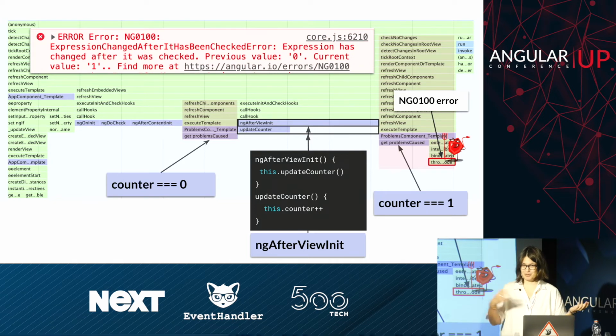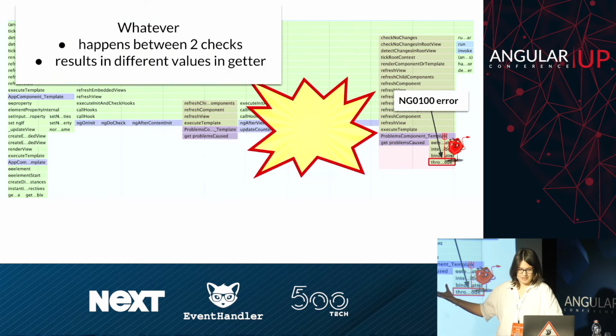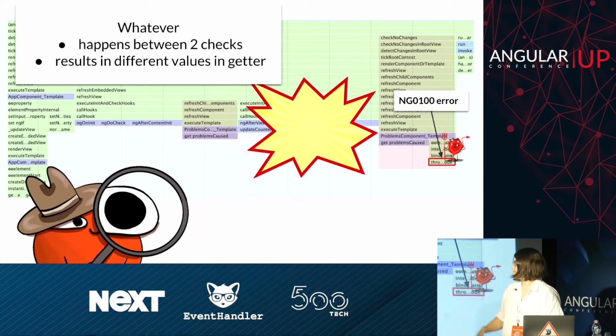It was 0, and now it's 1. Wow, it's like we see it as one picture on the screen and understand everything. We just see with our eyes that whatever happens between these two checks, we don't even care yet why there are two checks, whatever happens here and makes them return different values causes us problems.